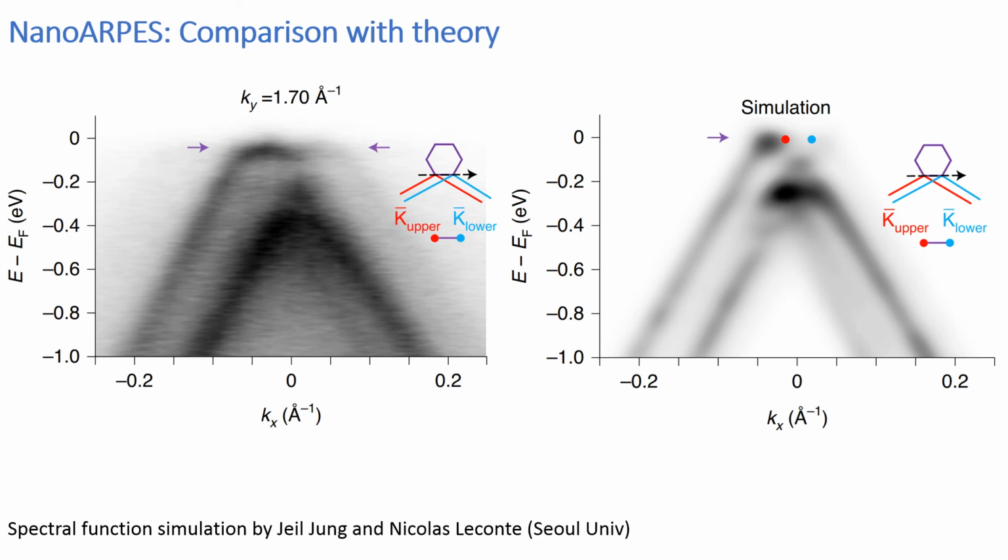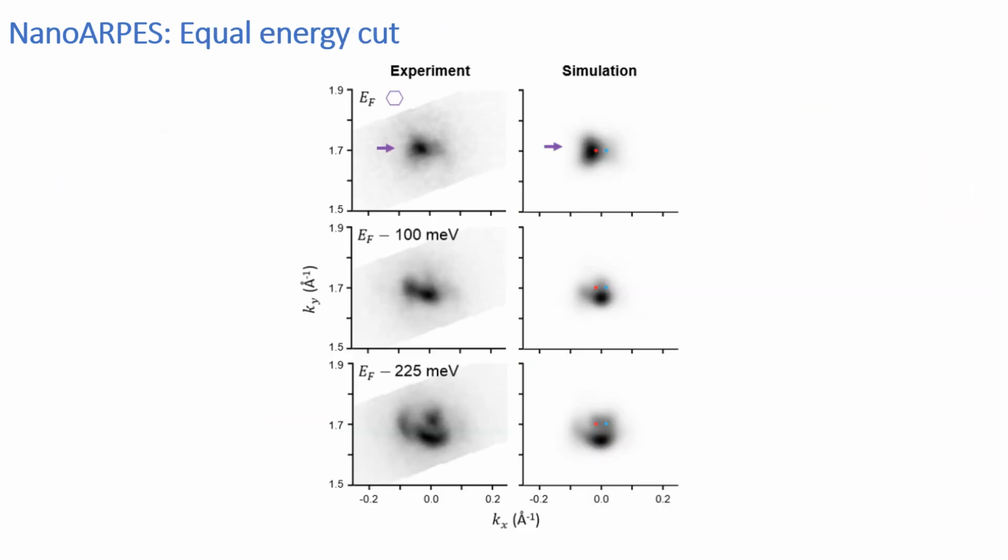We also show that the electronic structure we observe in ARPES measurement can be reproduced by a spectral function simulation performed by our theory collaborators Jill Zhang and Nicolas Leconte, both in the energy versus momentum images shown in this slide, and also reproduced well in the cuts of several binding energies from the Fermi surface down to a few hundred milli-electron volts.